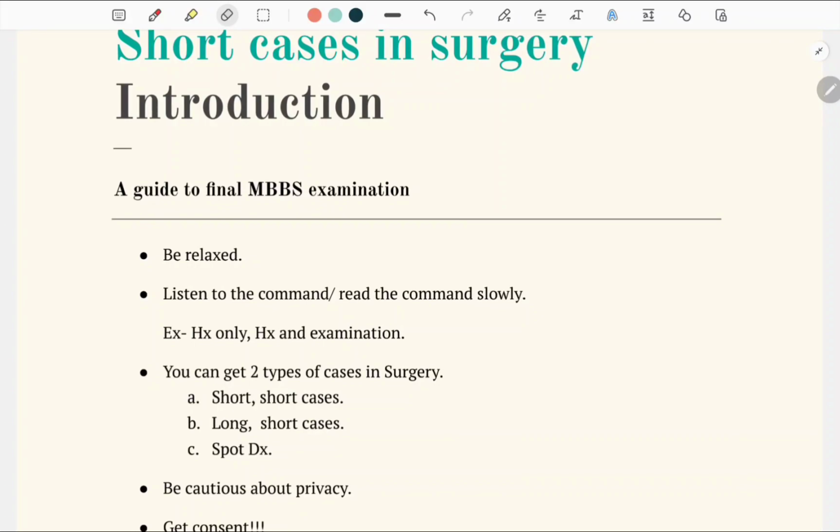In surgical examinations, in all the examinations, you should be relaxed. So before the start of your short case, make sure that you breathe properly, take some deep breaths, and be prepared for the examination, and listen to the command clearly before the case.